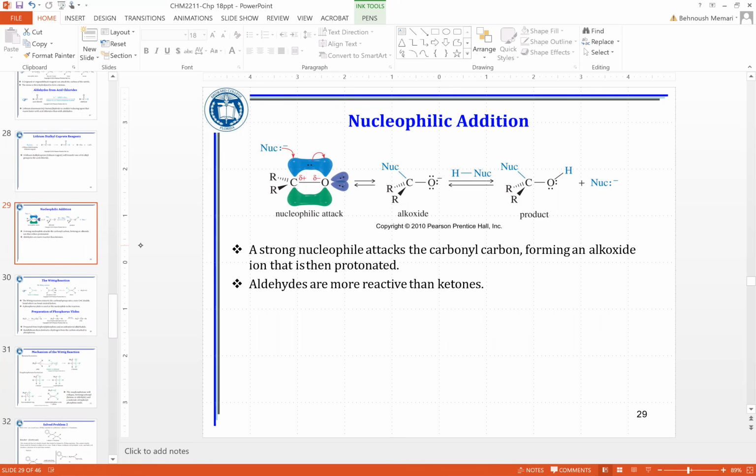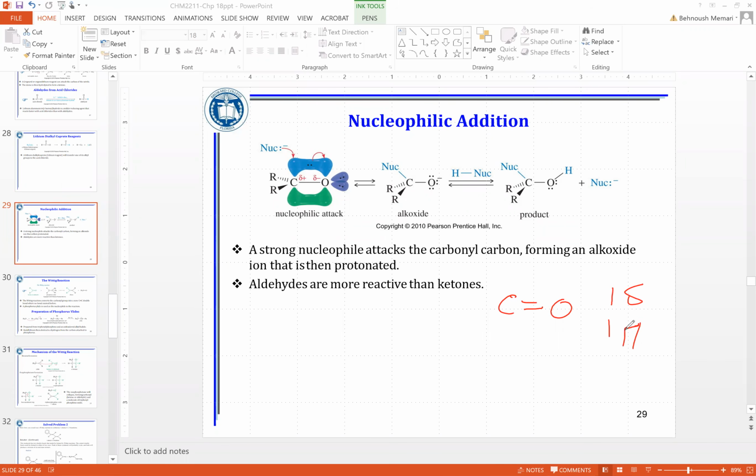The next slide starts talking about reactions of aldehydes and ketones. What type of reaction do you expect from aldehydes and ketones? Reactions of aldehydes and ketones can involve addition reactions, because the C=O double bond contains one sigma bond and one pi bond.